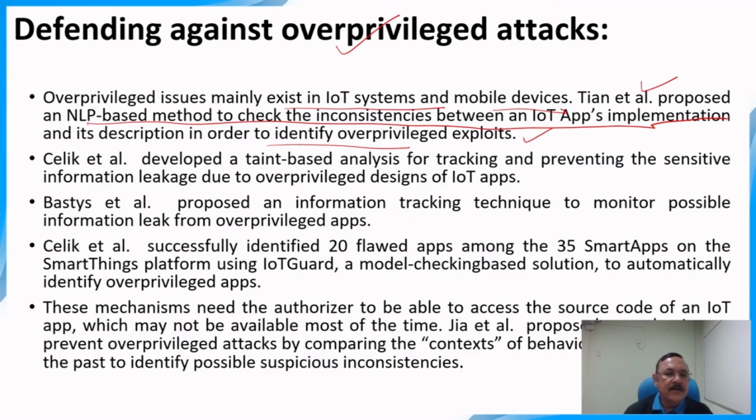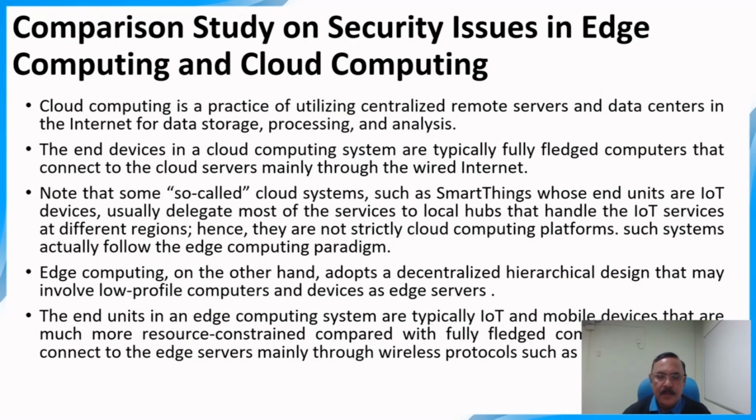There are different researchers, they apply different methods such as taint based analysis and information tracking techniques, and then identify 30 smartphones using IoTGuard, and these mechanisms need authorizers to be able to access the source code of an IoT application, which may not be available at the time.